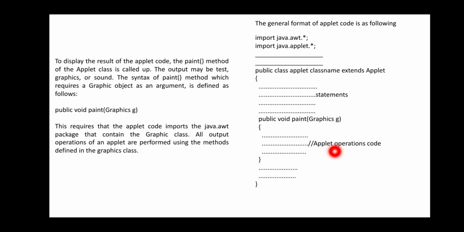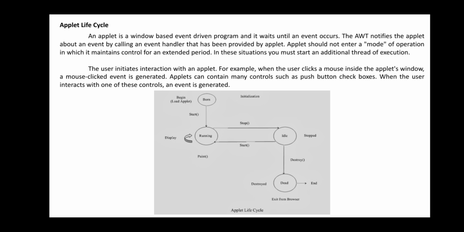And here you write the applet operations code, whatever you want to do on display, anything you want to enter, the elements or the values, all of that can be written within this particular part. And if there is anything else you want to execute, you can write it within this part over here. So this is the general format of how the applet code can be written in the Java programming language.